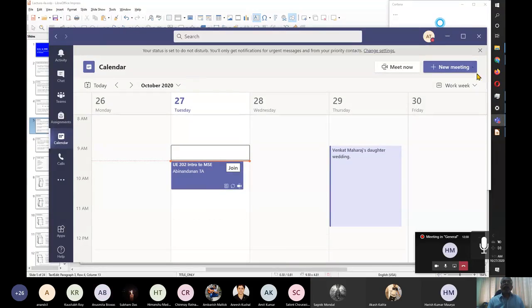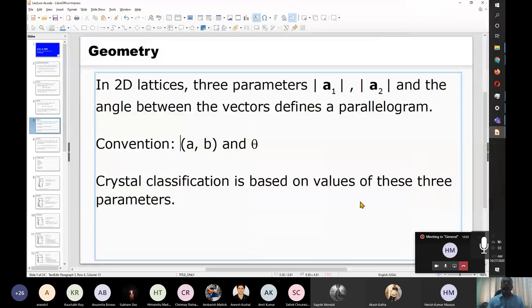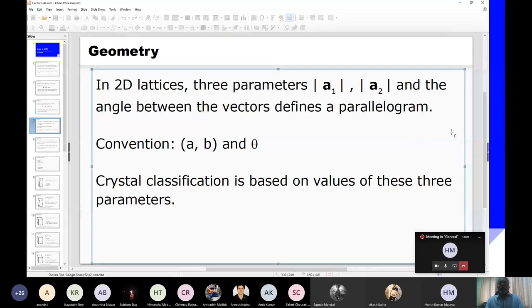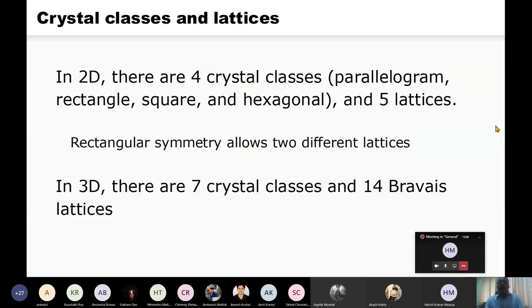And it has all this stuff, so I need this, and I need the slideshow. You able to see my slides?